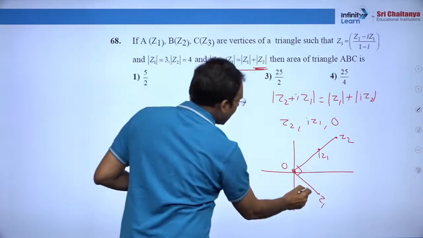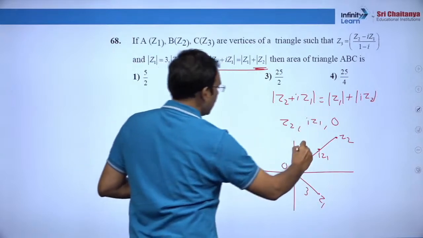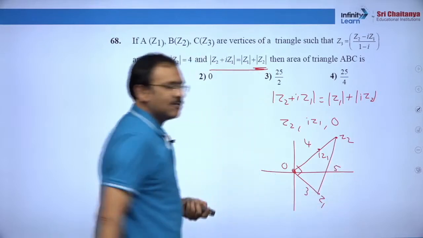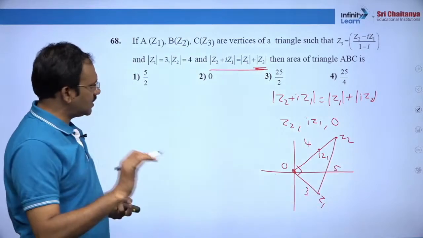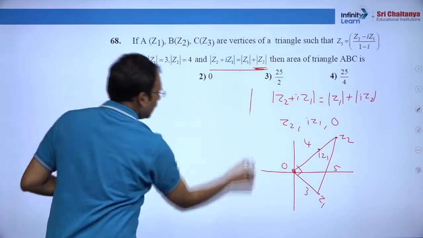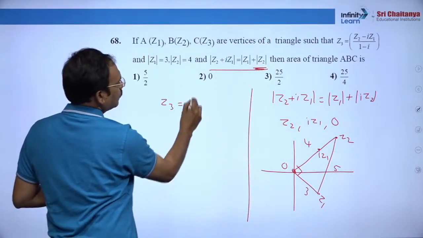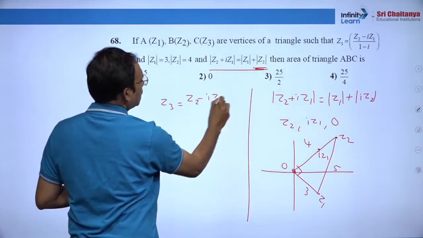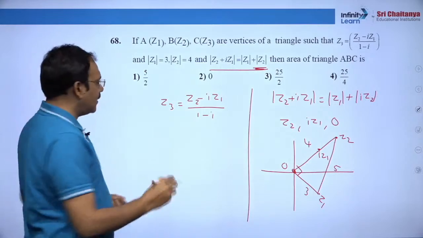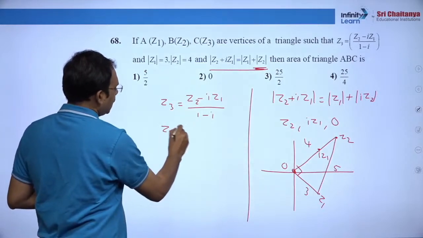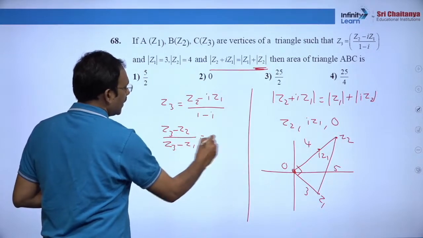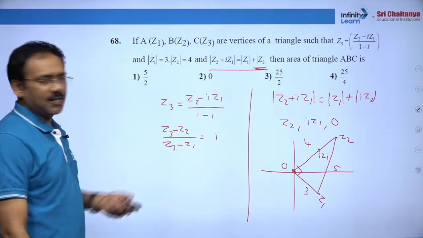Mod z1 is given as 3, mod z2 is given as 4. So mod z1 plus z2 is going to be 5 by Pythagoras theorem. That is step 1. Second step, my dear friends, here he has given z3 is equal to (z2 minus i z1) by (1 minus i). You just cross multiply and rearrange it as (z3 minus z2) by (z3 minus z1), you will get i here. You just rearrange it.